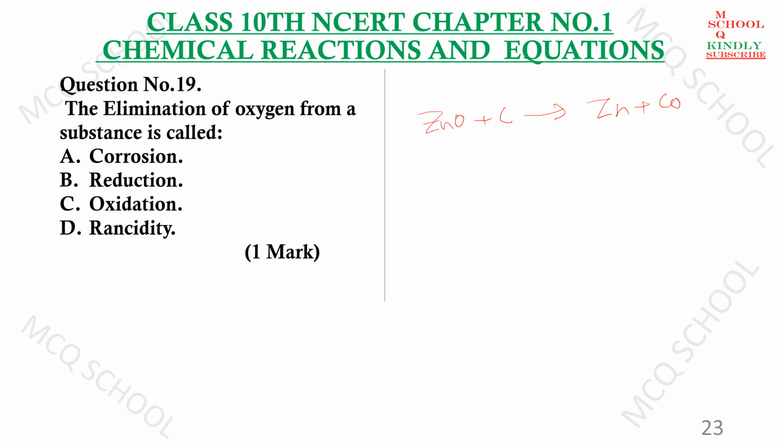This is called reduction. And carbon is getting oxygen, hence oxidized. So in our case, zinc is reduced and carbon is oxidized. So elimination of oxygen from a substance is reduction, B.